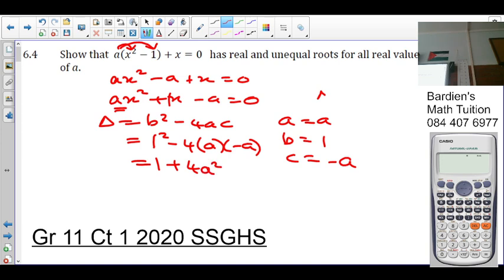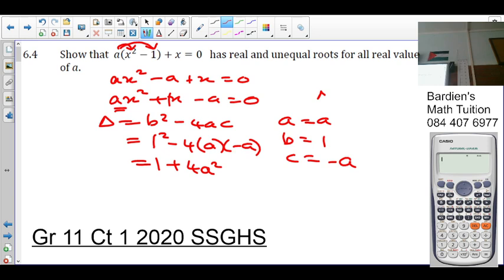So now we read the question again. They said, show that. In the previous question they asked you to solve for k. Then I said the inequality, I set the delta into an equation and I do my thing. Whereas this time, they didn't ask you to solve for a.